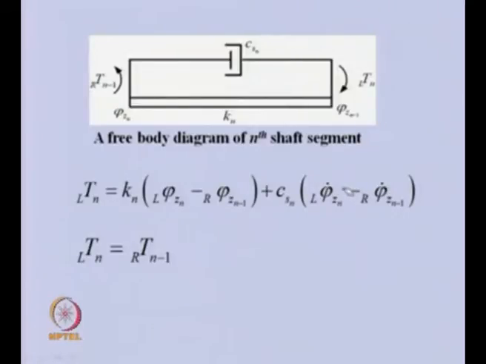Earlier we had only the restoring force, but now we have the damping force also in the torque, and because we are considering no inertia of the shaft, the torque at either end will be equal.